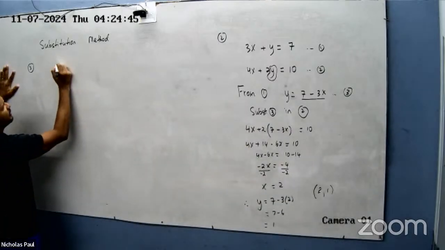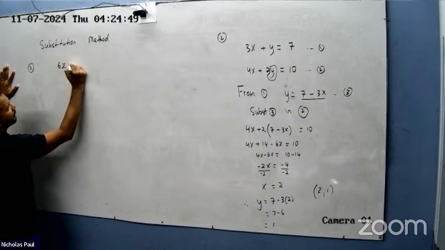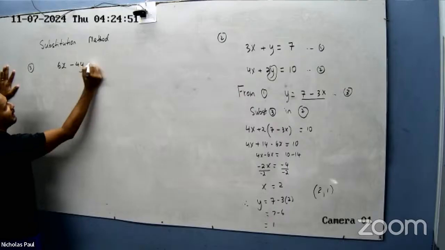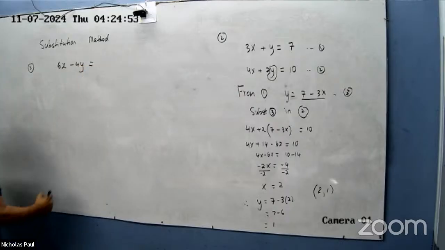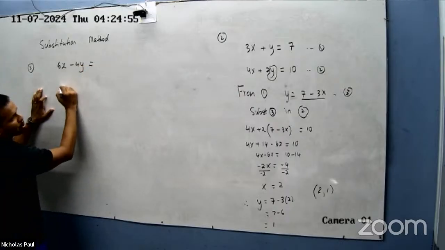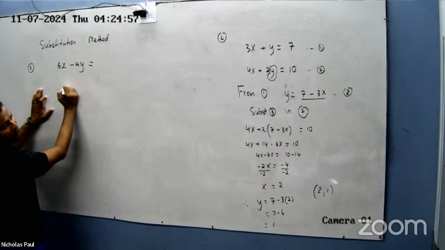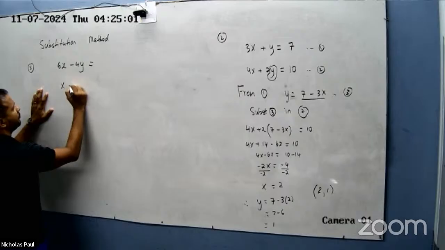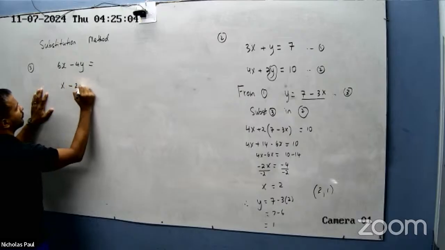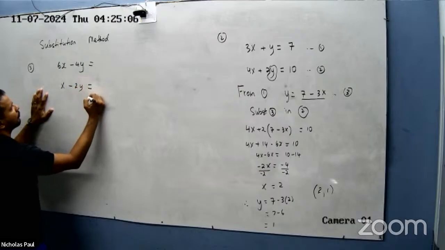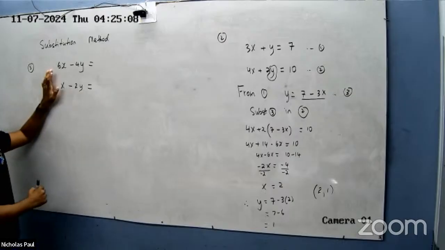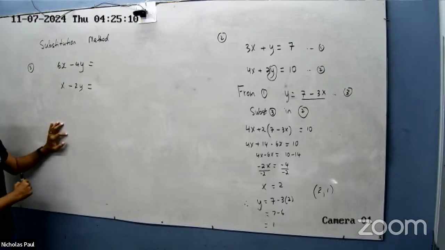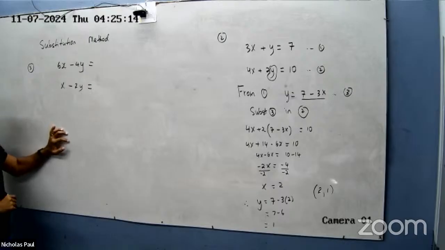Let's go again. Let's change it up, right? Let's put 6x minus 4y, right? Let me give you one more like this, right? Now, do this first.